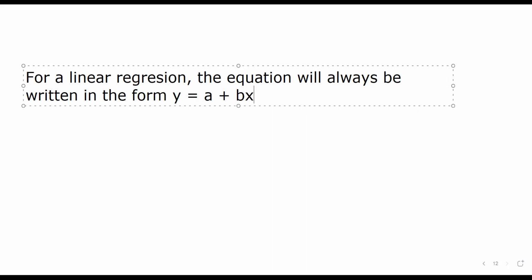Those are just playing the roles of numbers that we don't know. The important thing about the structure of this equation is that the term containing the x is written second instead of first. That seems like an arbitrary change, but there is a reason in statistics why the equation of that line is written with the intercept first and then the term containing the slope second.